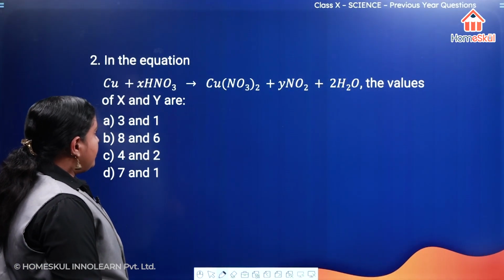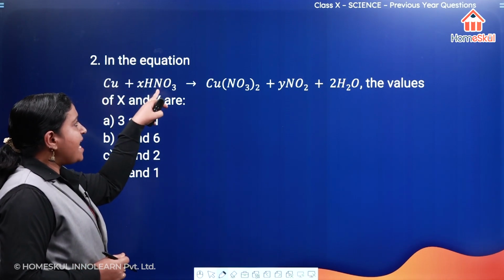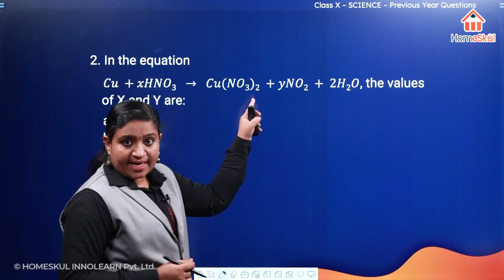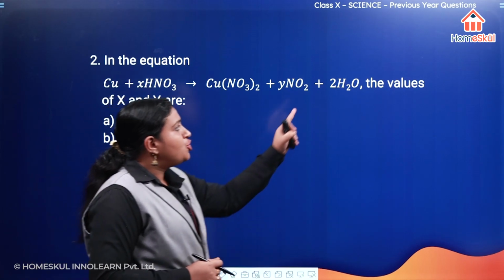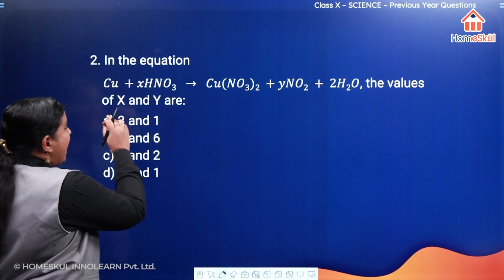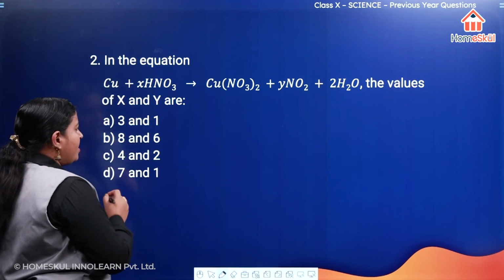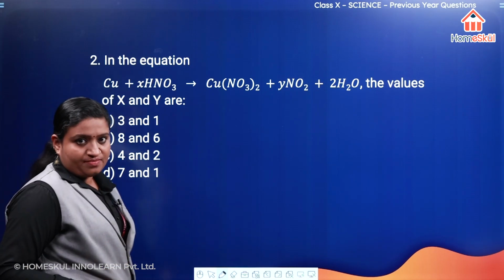Coming to the second question. In the equation Cu plus XHNO3 giving Cu(NO3)2 plus YNO2 plus 2H2O, the values of X and Y are: 3 and 1, 8 and 6, 4 and 2, 7 and 1.